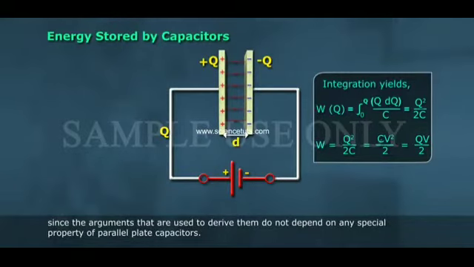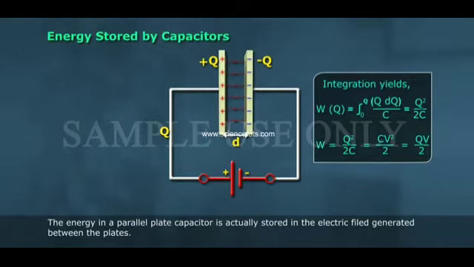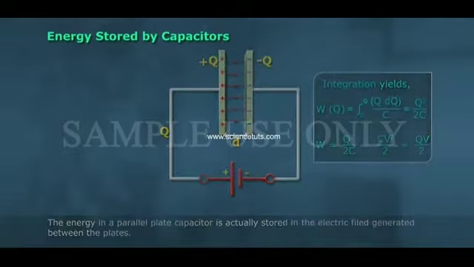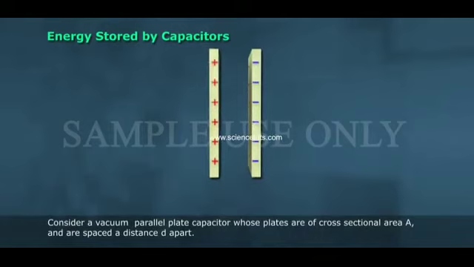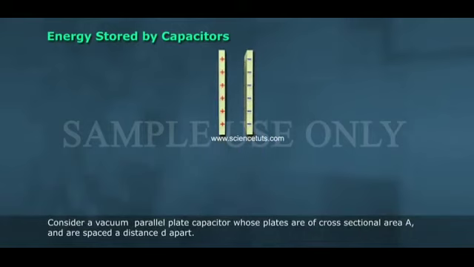But where is this energy stored in the capacitor? It can be rewritten as follows using the results C is equal to epsilon naught A by d and V is equal to E d.